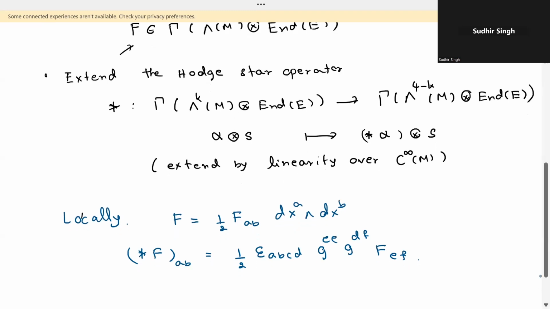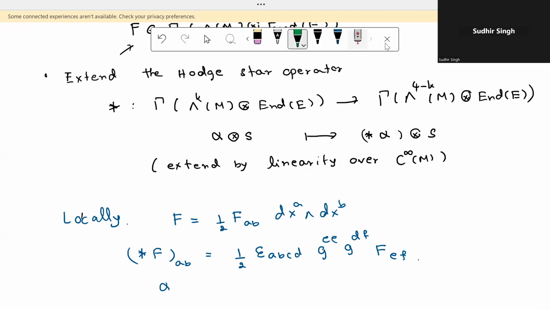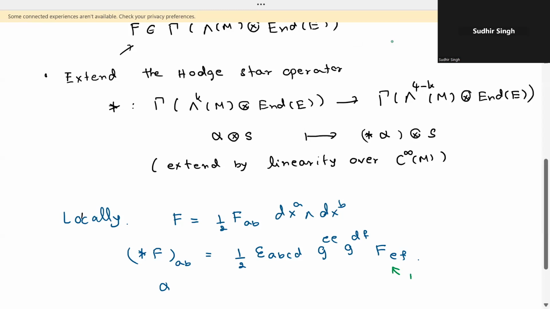The only difference is that before we had this same formula with alpha instead of F. Before, the components alpha_AB are just functions on M. But now the components of F, F_AB, are n by n matrices of functions, whose entries are functions. But the formula is the same.